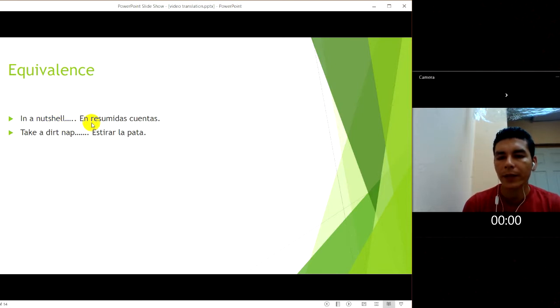It means "en resumidas cuentas." This kind of expression is common in the English language, and also in Spanish. "Take a dirt nap," "estirar la pata." This is another idiom. "Estirar la pata" is when someone is dying or has died.